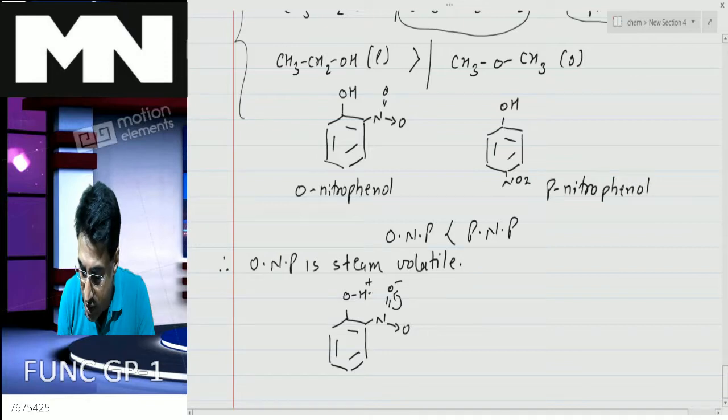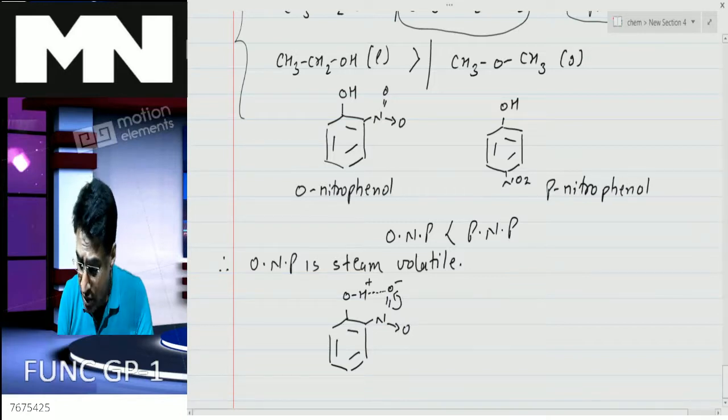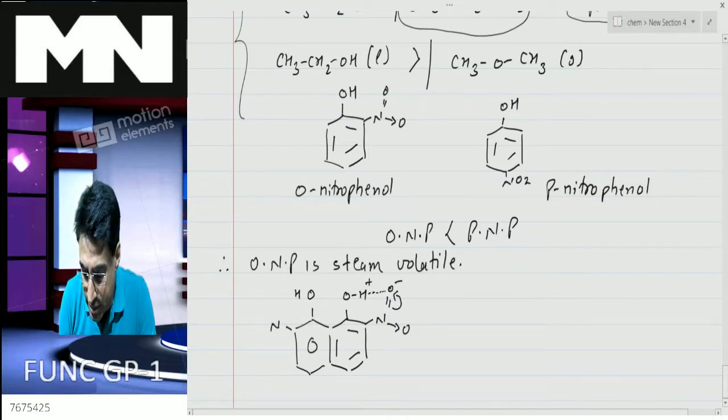So they will have intramolecular hydrogen bonding. So in orthonitrophenol, there is intramolecular hydrogen bonding. Maximum two molecules of orthonitrophenol can exist together. It can exist in a dimeric state. So you will observe them like this.